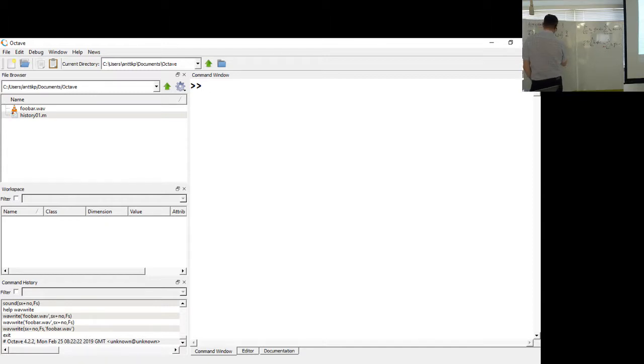So that's the linearity test right there by the definition.